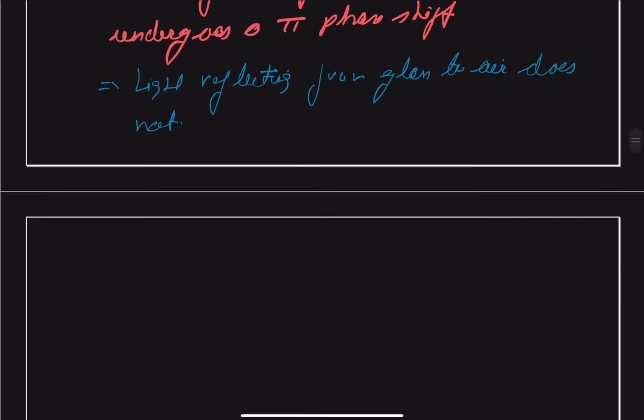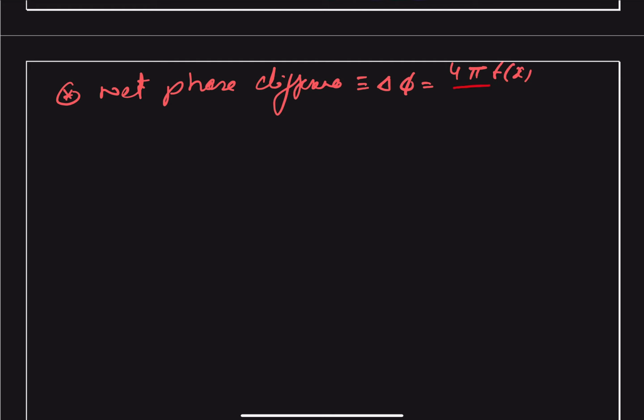So the net phase difference, let us call that delta phi, will be equal to 4 pi t of x divided by lambda plus pi.